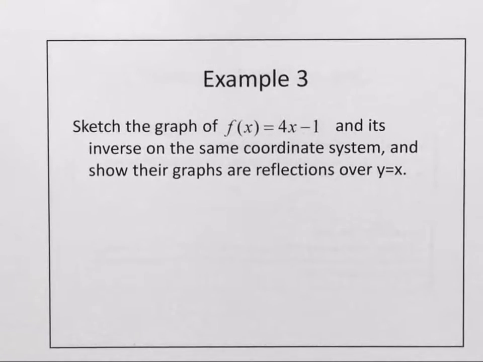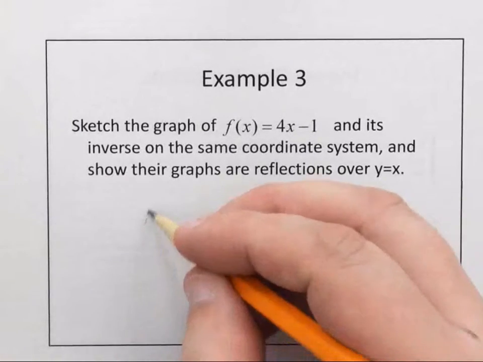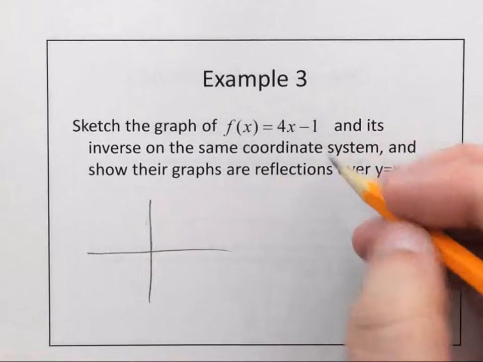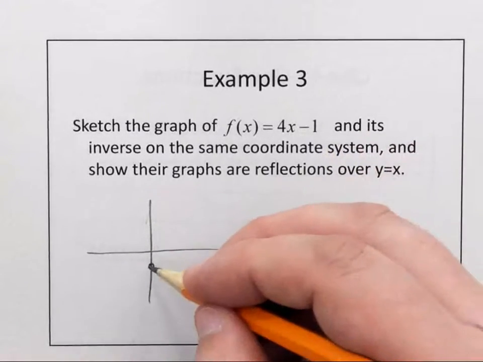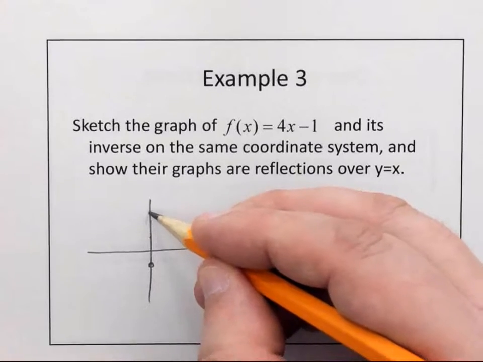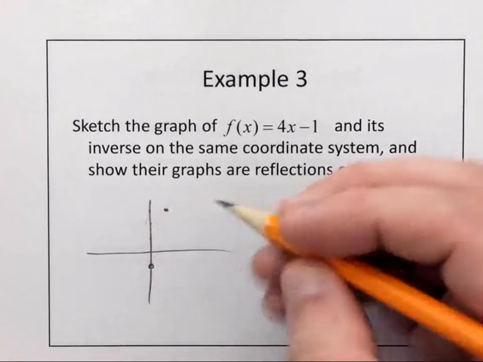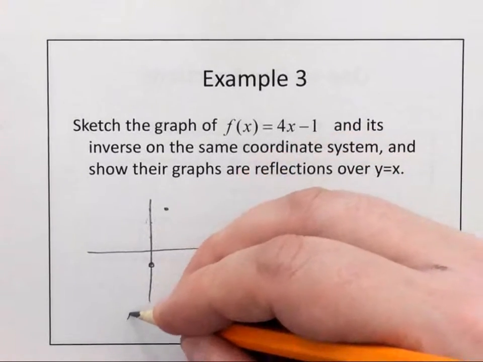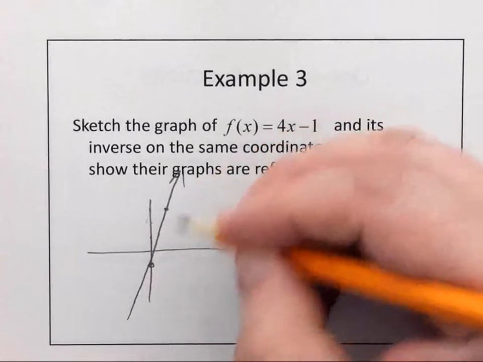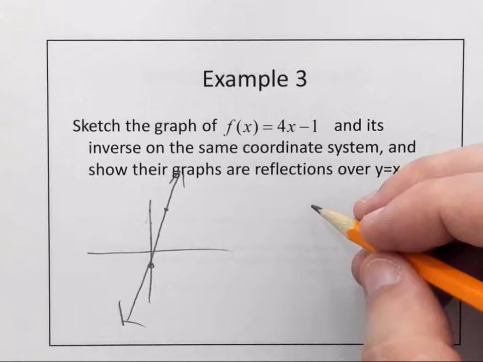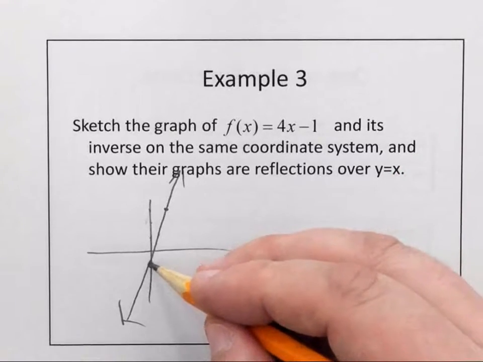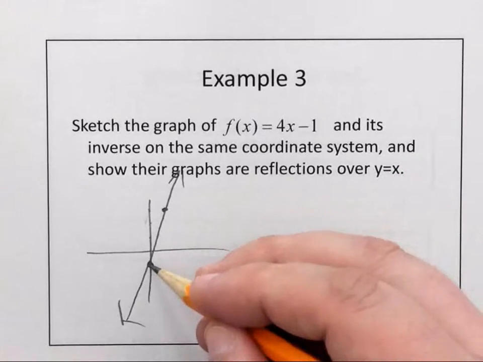So if I want to express the graph of f of x equals 4x minus 1 and its inverse, 4x minus 1 is going to be y-intercept of negative 1. You're going to go up 4 and over 1. So my line ends up being about right here. Its inverse would end up being just those points switched.